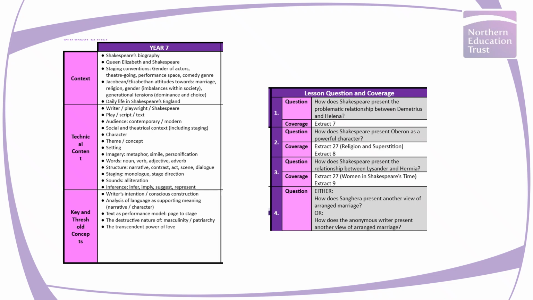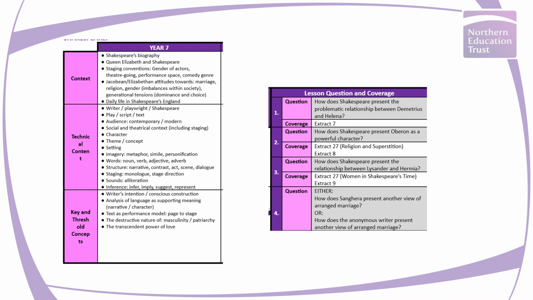If you look across the scheme overview, you can see that in week 3, for instance, they look at how the relationship between Demetrius and Helena is problematic. They then think about the place of religion and superstition. Then in lesson 4 of that week, they begin to think about another way of looking at arranged marriage. Arranged or forced marriage is a concept they've looked at within A Midsummer Night's Dream.